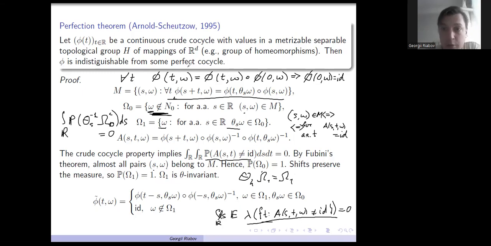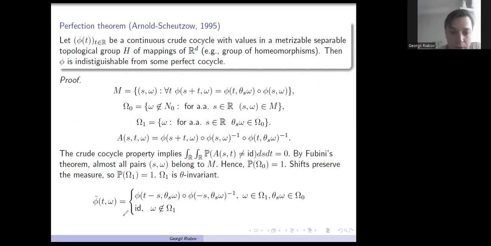Okay, now we can define the modification we need. It is defined in the following way. On the exceptional set where ω doesn't belong to Ω1, we define φ tilde as identity. Note that then, for sure, we have the cocycle property, because if ω is not in Ω1, then shifts are also not in Ω1.